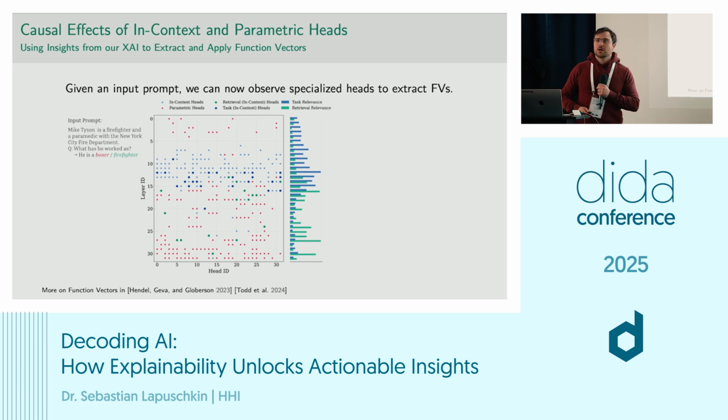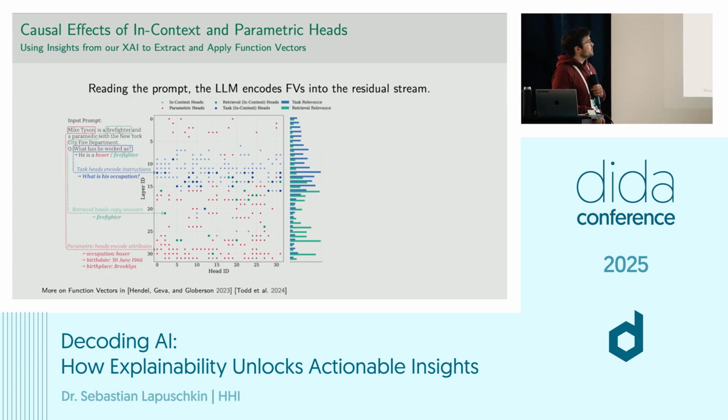So the question is now, how can we verify that this assumption is actually right, and what can we do with it? So let's work with this map, and let's give an input prompt again, like this Mike Tyson was a firefighter example, where the potential answers are boxer and firefighter. Now the assumption is, or what we found out is, that task heads encode functionality.